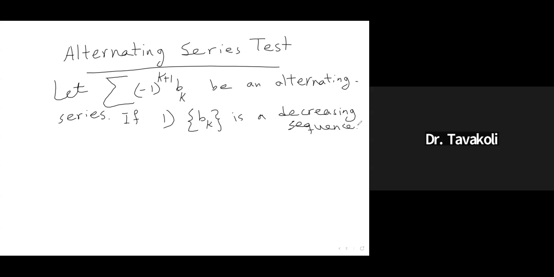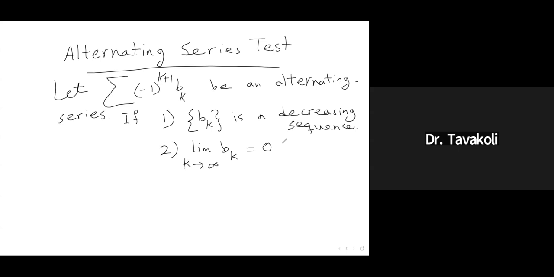Meaning that every term is bigger than the next term. The next term is smaller. As we go further ahead, the terms of the sequence become smaller and smaller. This is one condition. And two, the limit of bk as k tends to infinity is going to be zero, meaning that these bk's go down all the way towards zero.